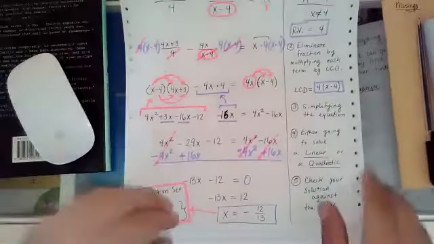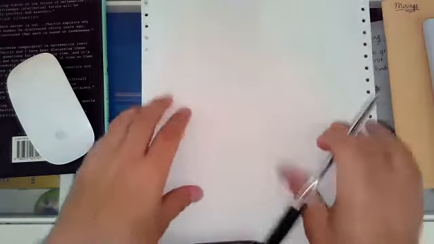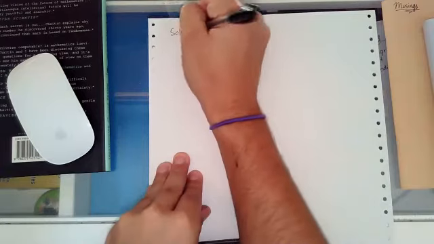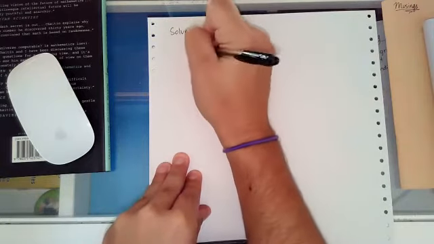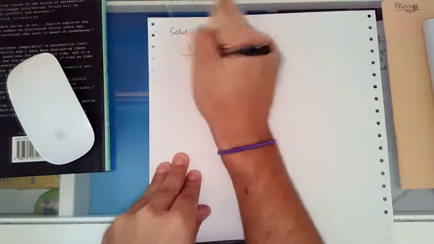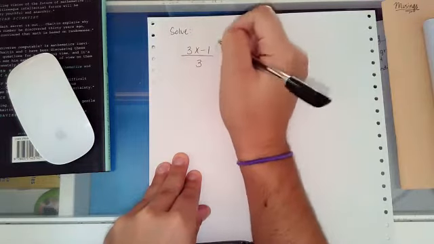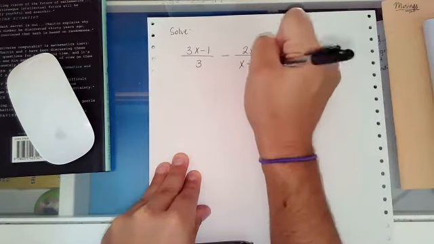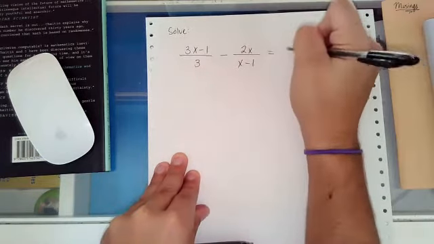All right, let's do another similar one. Okay, we're going to solve (3x minus 1) over 3 minus (2x) over (x minus 1) is equal to x.